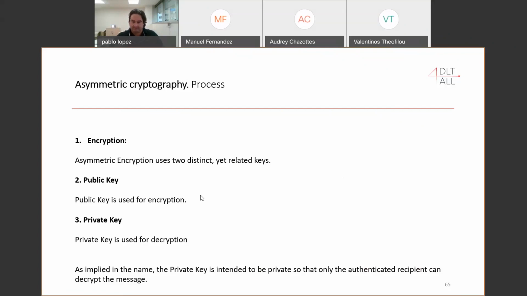But take care about this concept of the private key, because it is the only way that will allow you to decrypt a message. So if you are sending data and encrypting it, and you lose this private key, you will lose your data.